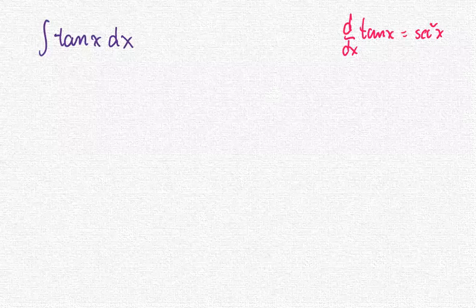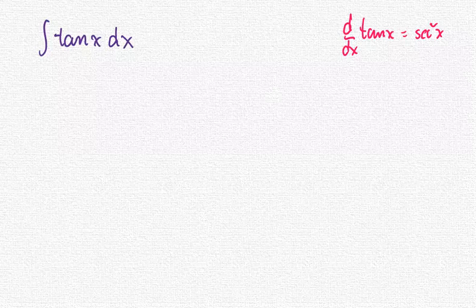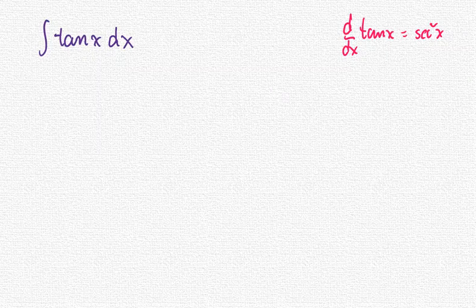The one that you might think of, let me write on the slide here, is the derivative of tangent x being secant squared x, but we cannot use that for this problem because it's the other way around. Now, for this situation, even though you don't see it as a composite function, you can rewrite this as another form of the trigonometric function.